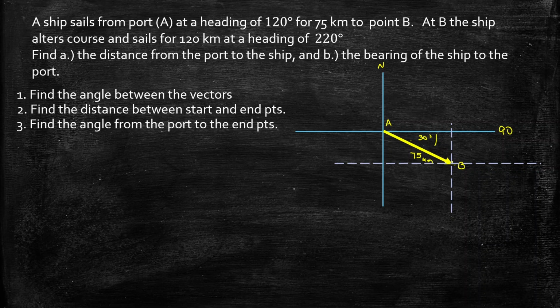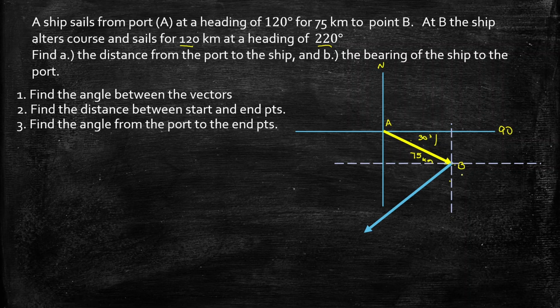Assume that this is the new origin, and I'm going to add in this vector with a magnitude of 120 and a heading of 220. This is 180, so I'm going to continue in this direction. Remember, this is 270, so I'm between these two. And so my vector is going to go from B out this direction here. Okay, so that's my new vector.